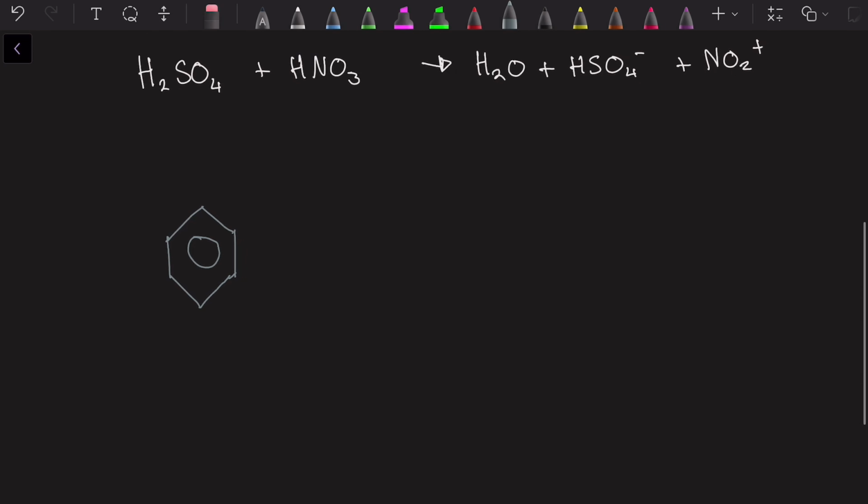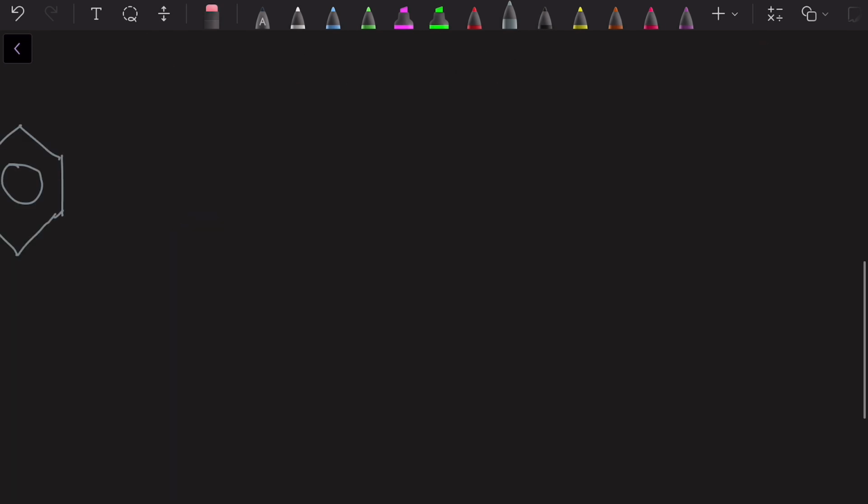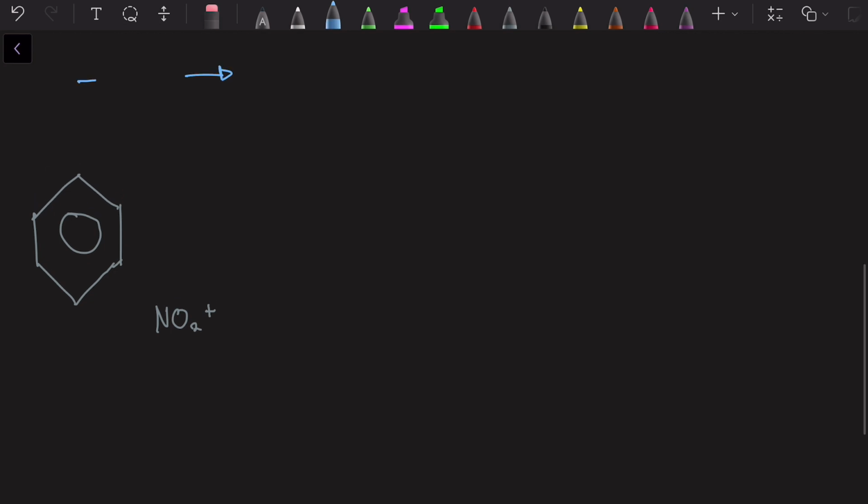You also have this NO2+ species that we were talking about earlier, so I'm going to write that in there. A rule for all curly arrows questions is arrows always go from negative to positive. That's the direction of the arrows always.